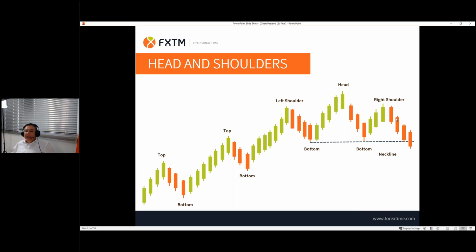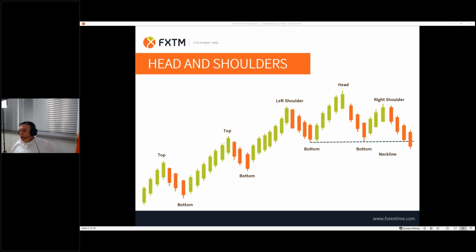Technical means that if we sell here when prices drop below the neckline, then it makes sense that our stop loss will be just above the right shoulder. So we do not measure pips. We place our stop loss at the technical level, which is this right shoulder. Okay, Mr. Tisan? All right. I think I answered all questions.